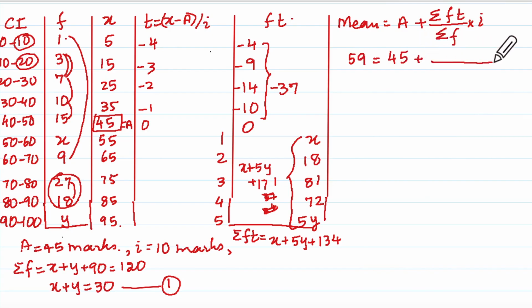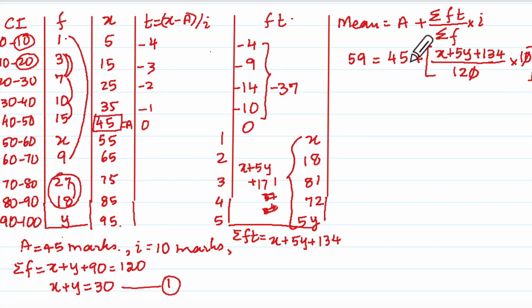Plus sigma ft is x plus 5y plus 134 divided by sigma f is 120 multiplied by I, that is 10. Now for this sigma f, please do not write x plus y plus 90. Do not write here x plus y plus 90, otherwise your calculations will be slightly longer.